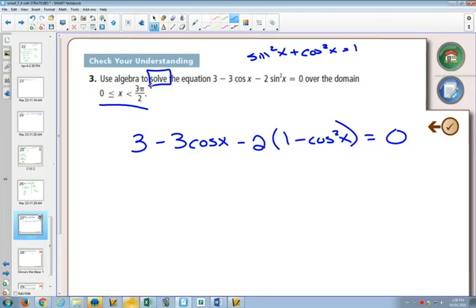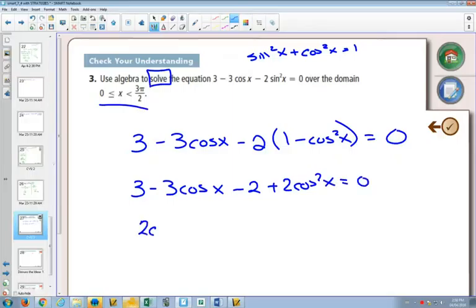So we're going to do some rearranging, multiply that 2 through, and it's a quadratic equation. Combine our like terms. I'm going to write the cos first: 2 cos squared x minus 3 cos x, 3 minus 2 is plus 1 equals 0. And see if we can factor this.